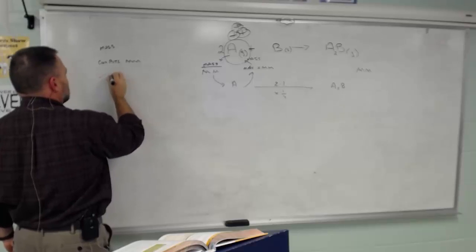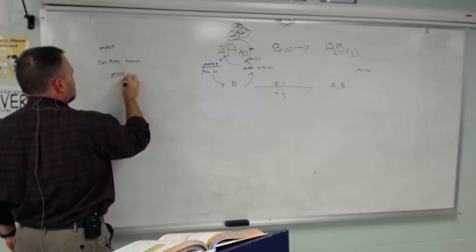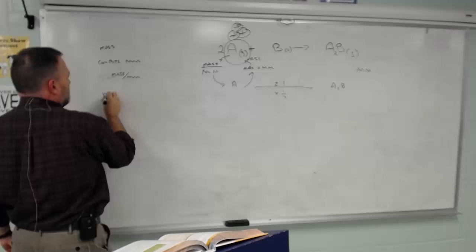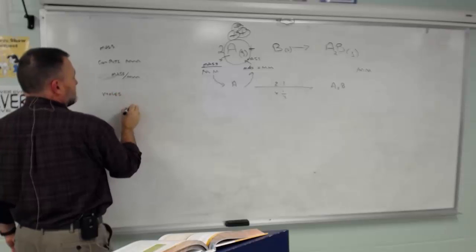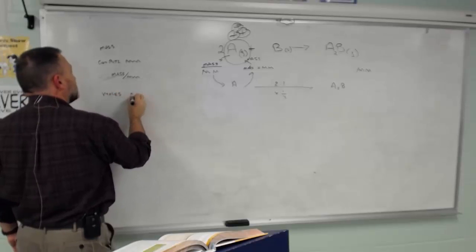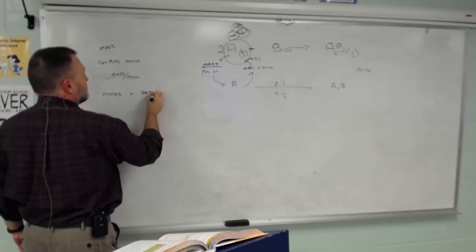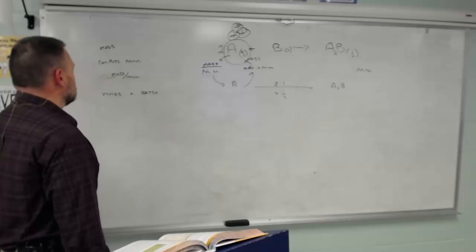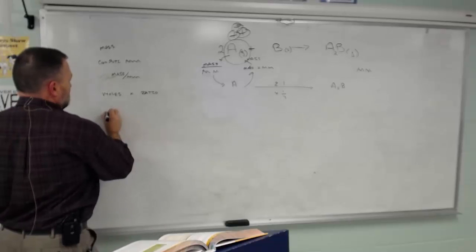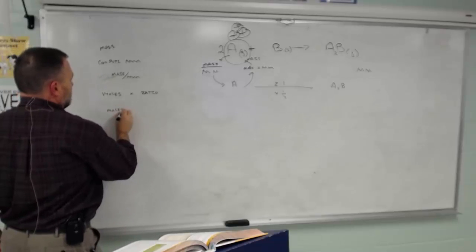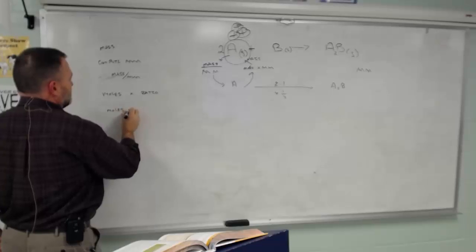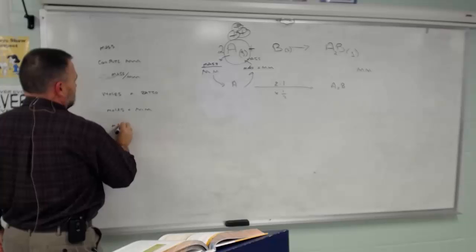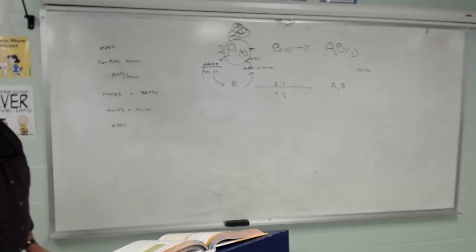Let me just write it as mass divided by molar mass, which will give me the moles, times a mole ratio, which is this multiple in the middle, which will give me a number of moles. Then I'm going to multiply that by the molar mass, and that'll give me a mass.